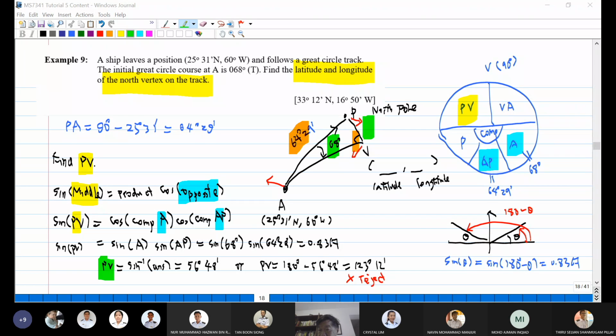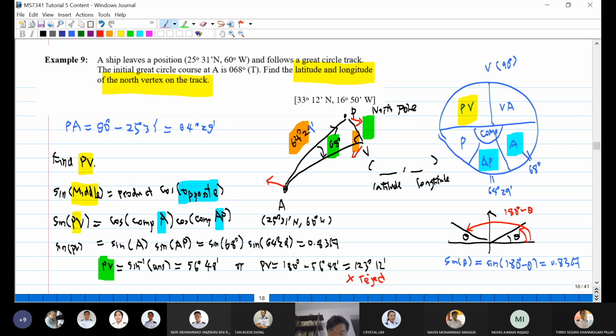Okay, so one of them is, explain why you want to minus, right? Because when you do sine angle here, the sine has this property: sine theta and sine 180 minus theta have the same value.